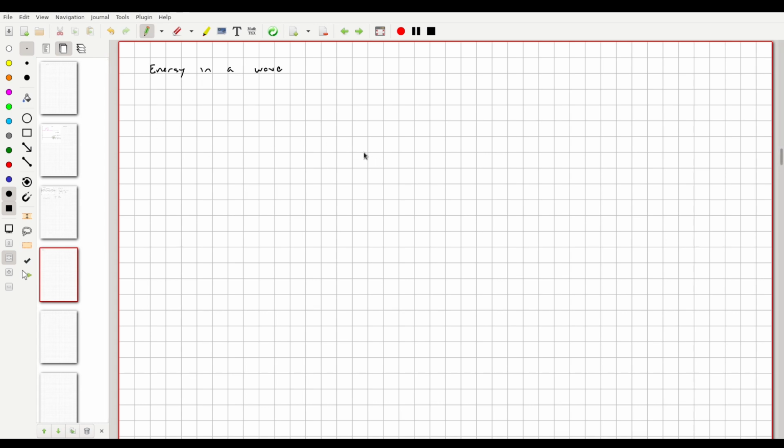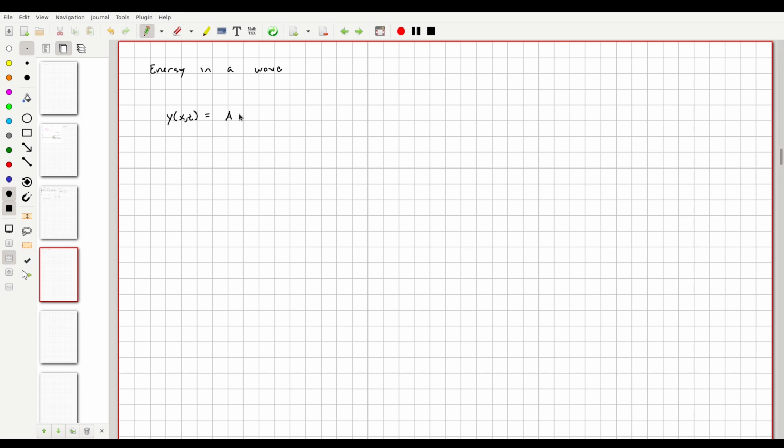Okay. So if you remember last lecture, I had written down the general solution as a function of position and of time for the wave equation. This was again a wave on a string, and it's in general true for any one-dimensional wave.